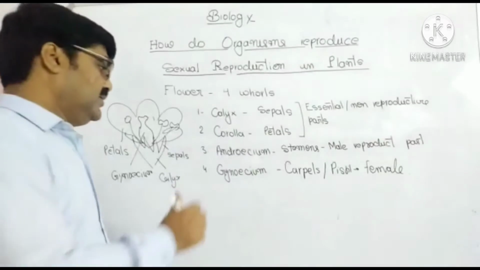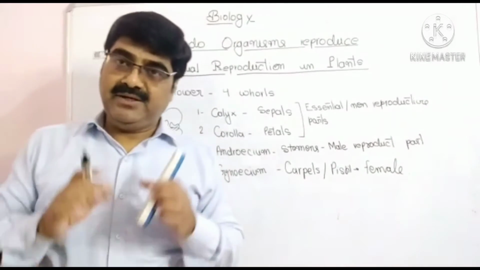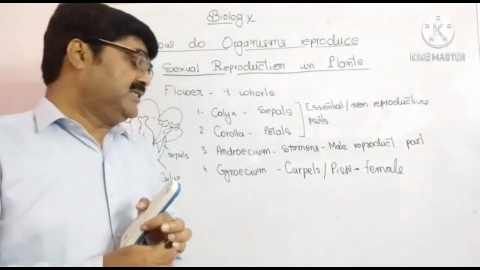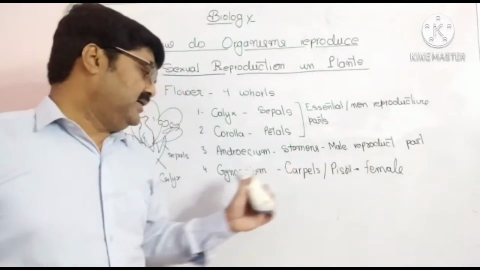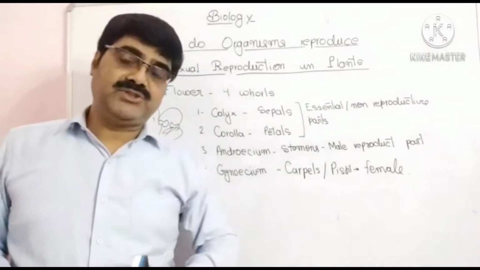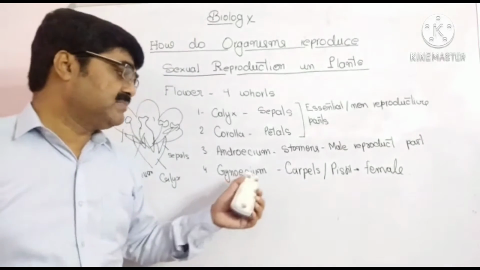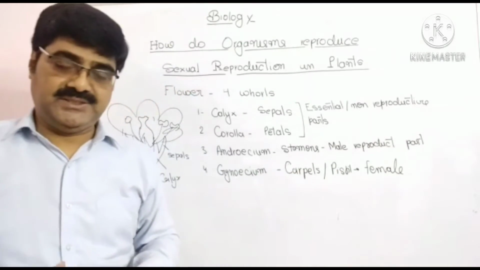Now, the third part is androecium. Androecium is the male reproductive part of the flower, and it is made up of stamens. And the fourth part is the gynoecium. Gynoecium is the female reproductive part, and it is made up of 1 or more carpels or pistils.